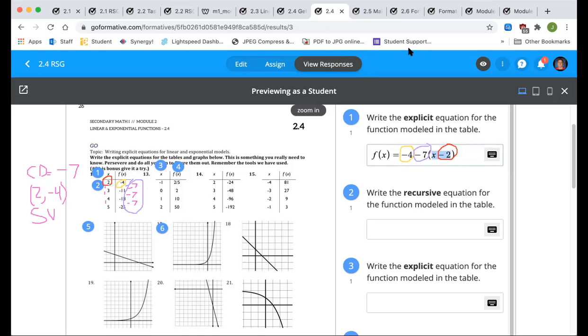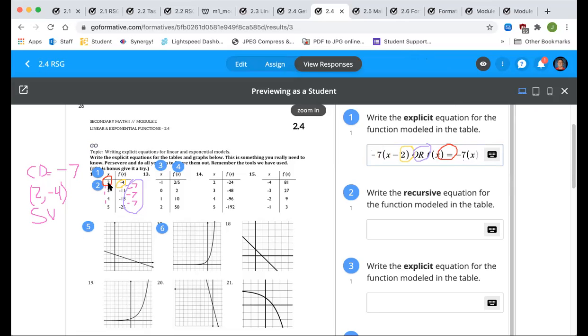Now, if you wrote it y equals mx plus b, it's obviously going to be the same numbers. So the output is m is our common difference, so negative 7. Our common difference is always attached to our x.